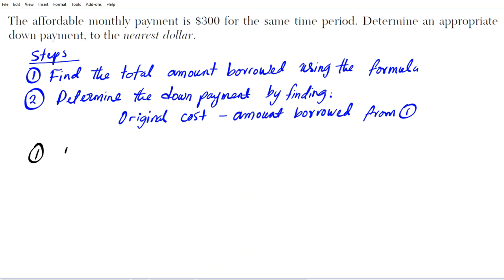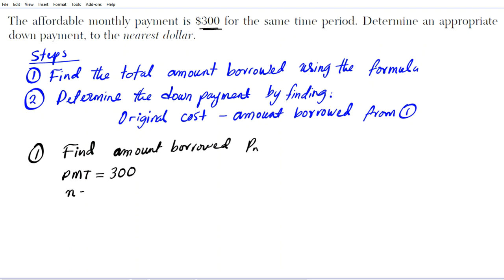First part is to find the amount borrowed, and that is p sub n. All right, so since p sub n is our unknown, we need to assign values to the other variables. PMT is the monthly payment. In this particular case is 300.